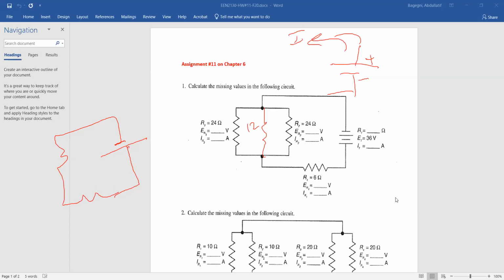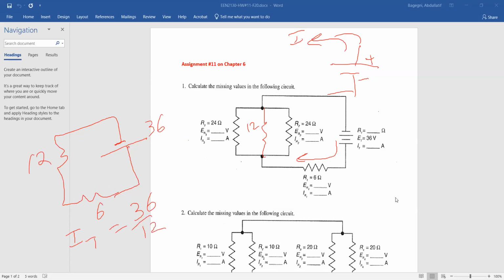Okay, so we have 36 here, and we have 12, and we have 6. So the current here, or whatever direction you want to pick, IT will be 36 over 12.